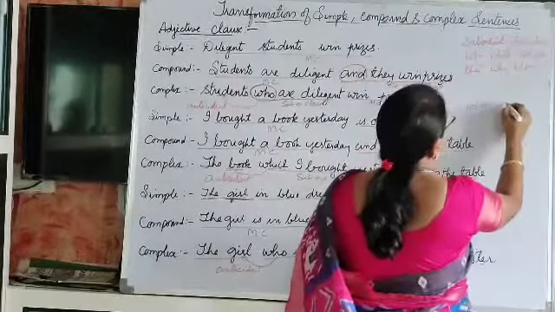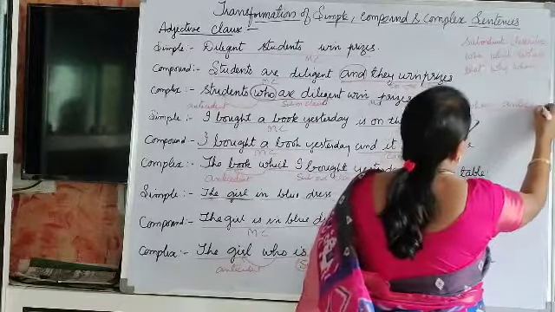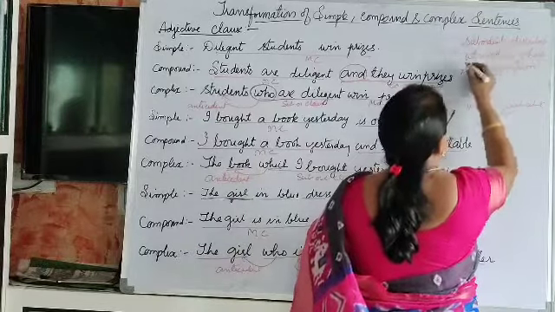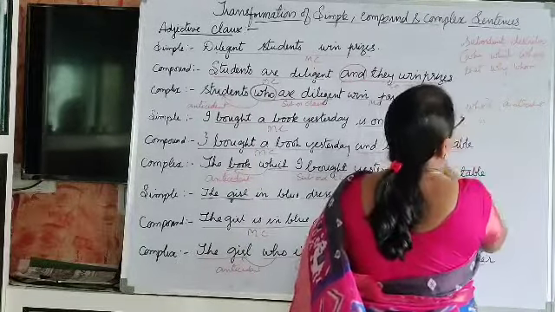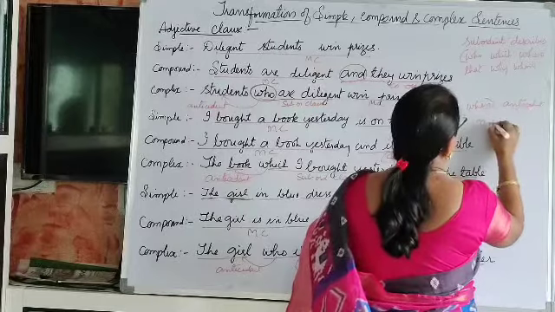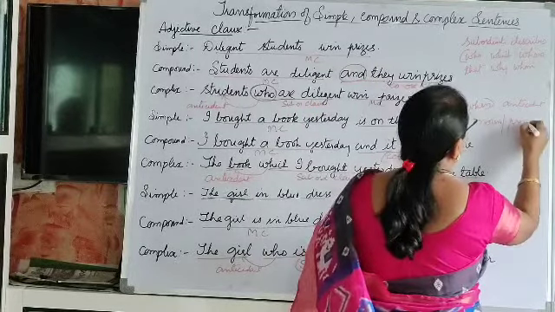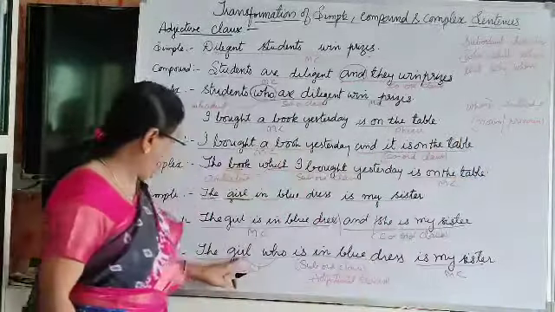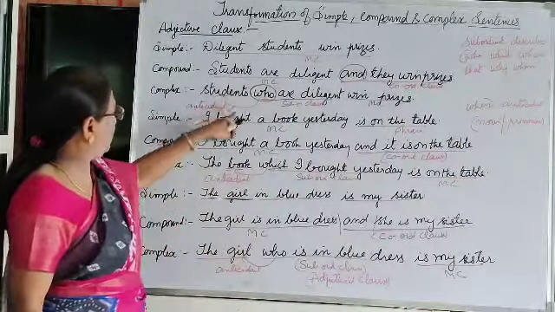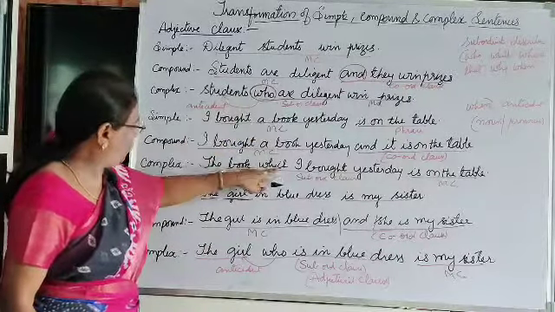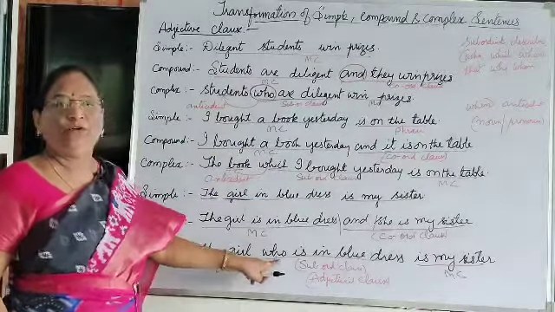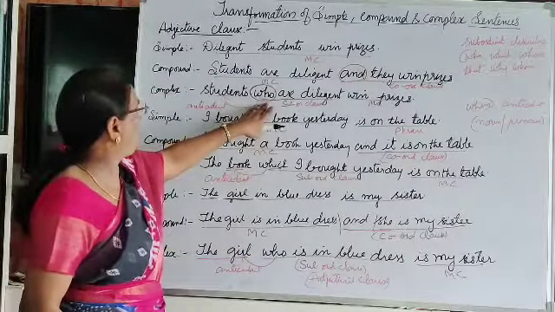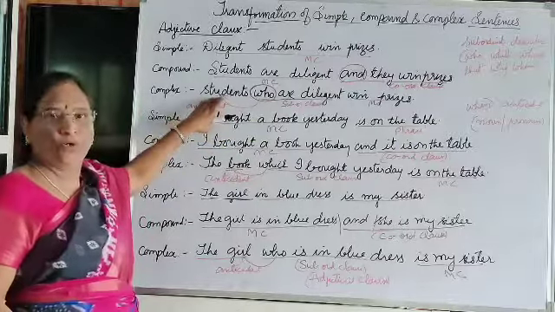These all are related to the antecedent. Antecedent means it may be a noun or pronoun which comes before who, which, whom, where, all these words. Okay, you have to keep this in your mind. A subordinate clause describes a noun or pronoun.